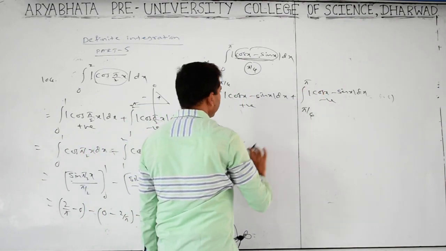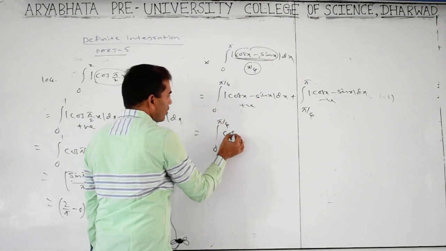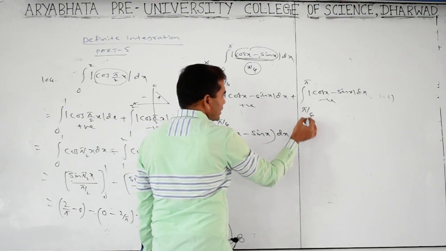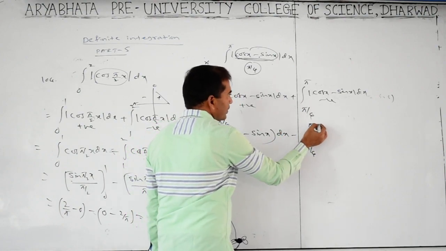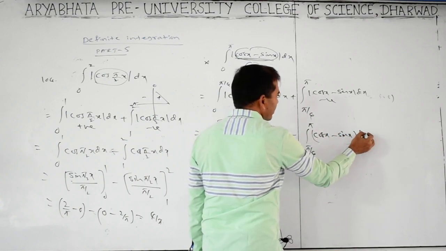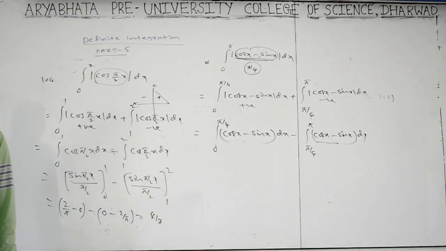It is negative in the second interval. So 0 to pi by 4, it is positive, so the mod of x is x. And pi by 4 to pi it is negative, so minus of cos x minus sin x dx. Find the integration, then substitute the upper limit and lower limit here.